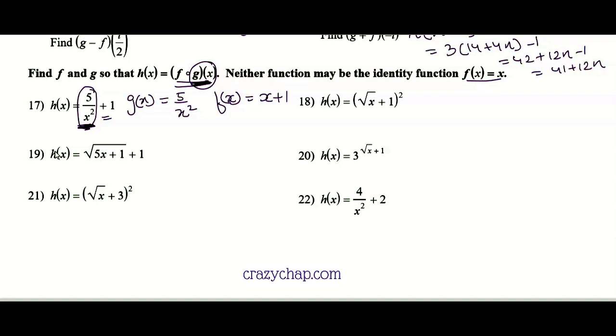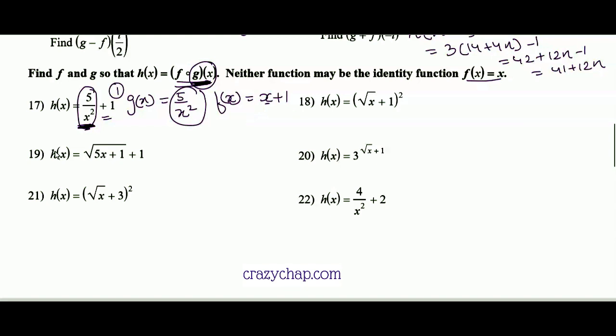If you have to find f of g(x), you will first find the g(x) value and put that value in place of x. You will get the composite function f of g(x). So this is one of my sets of answers where g(x) is 5 over x square and f(x) is x plus 1.